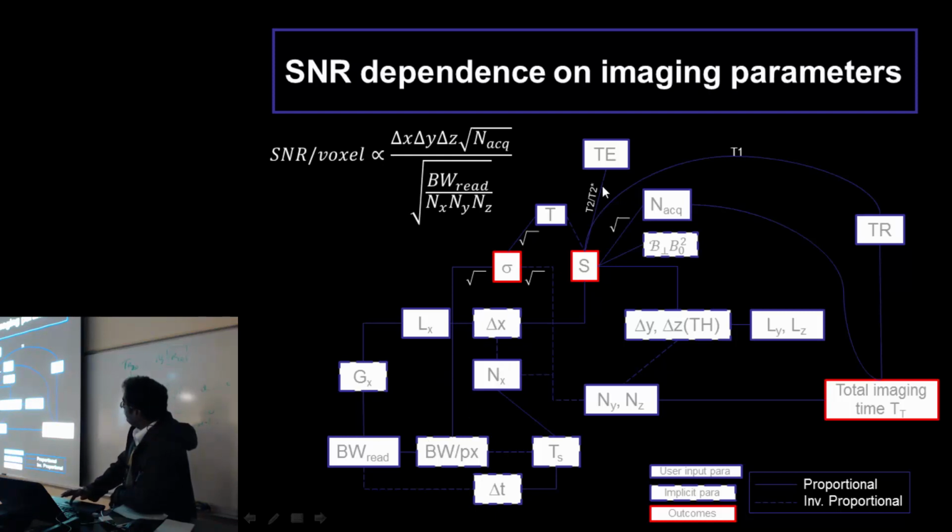T1 and T2 are tissue properties, so you can't change that. All the other parameters are something that you have control over, and all of these will ultimately have an effect on either the total imaging time or your signal to noise ratio. So beware when you change something. You better know how it's changing the other parameters essentially.